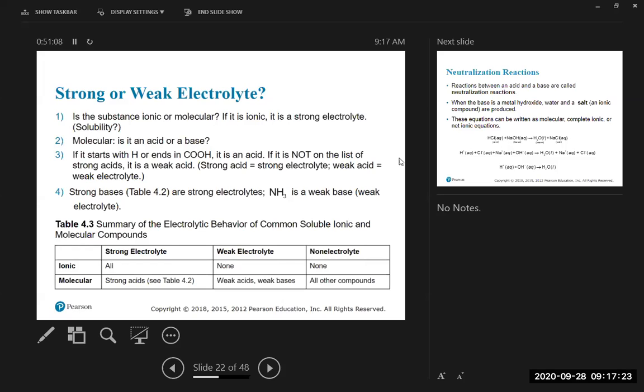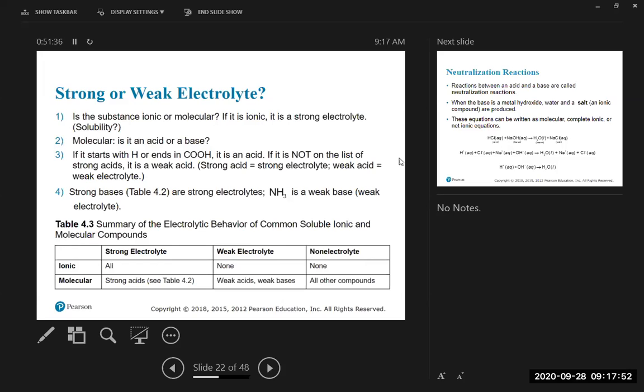So once again, if it's a strong or weak electrolyte, depends on, first of all, is it ionic or molecular? If it's ionic, it's a strong electrolyte, assuming that it's soluble. If it's molecular, then we got to figure out, is it an acid or a base? And we have some help here. If it's an acid, usually there's an H on the beginning or H on the end.